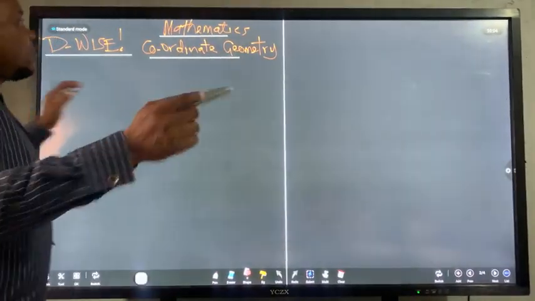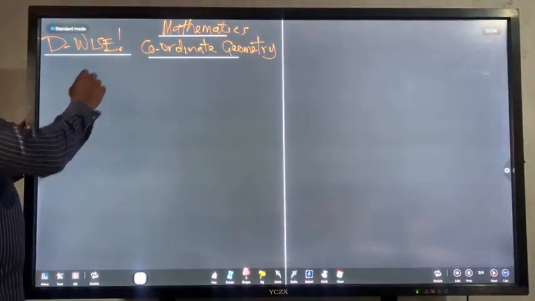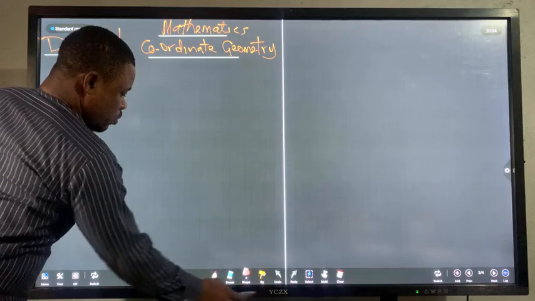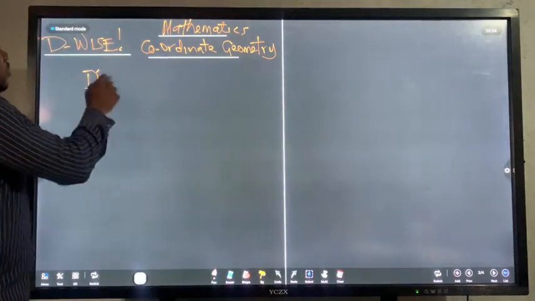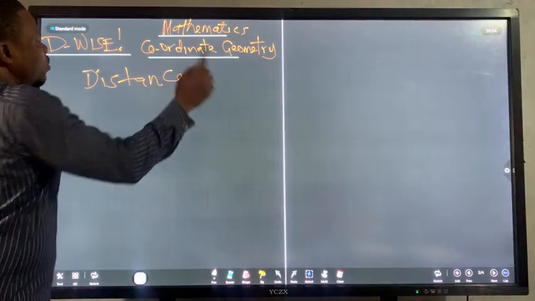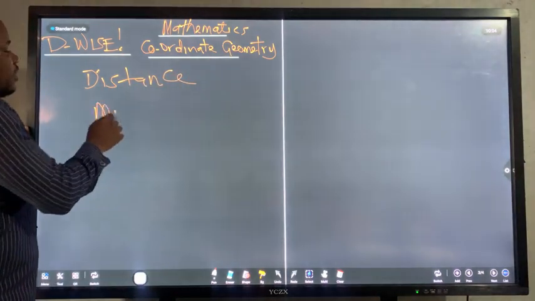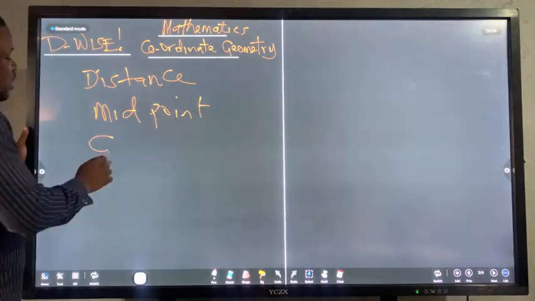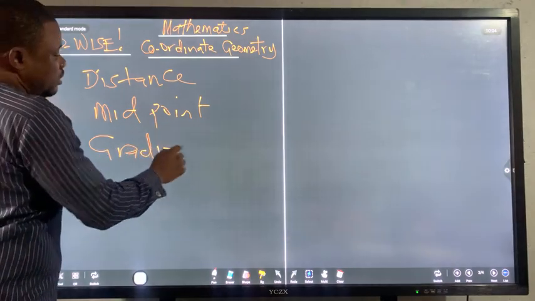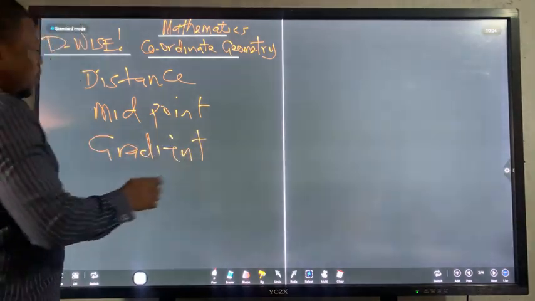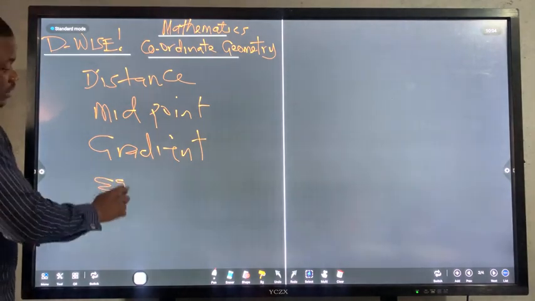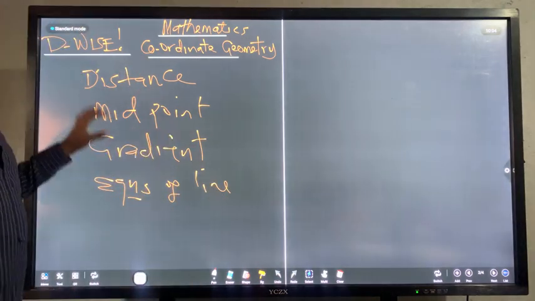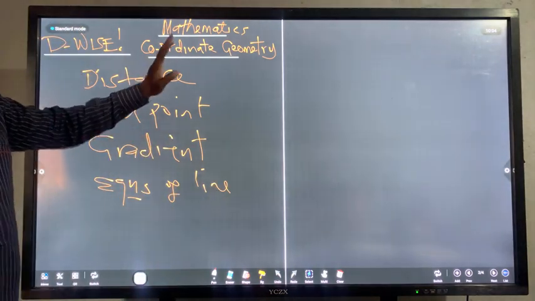Under coordinate geometry, we'll do the distance of a line, the midpoint of a line, the gradient of a line, and then we can do the different equations of the line. These are the things that we'll just play around with, right? For coordinate geometry.